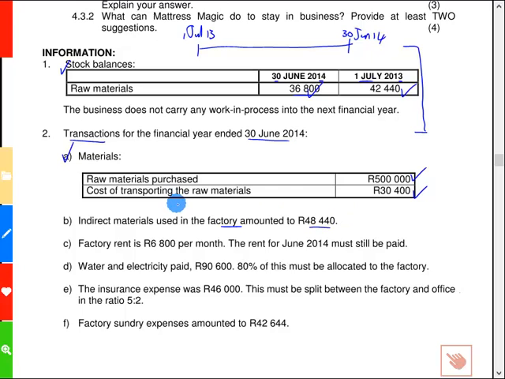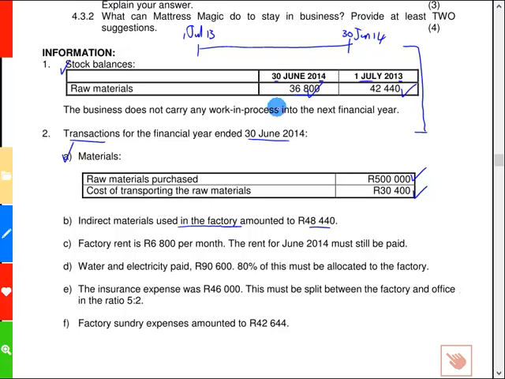First question we ask is, is this part of making the product? Yes, it is, because it's used in the factory. It's part of making the product. It's not directly related to the finished product, but it's definitely part of the process of making the product. So if it's part of making the product, it's going to be in our production cost statement.